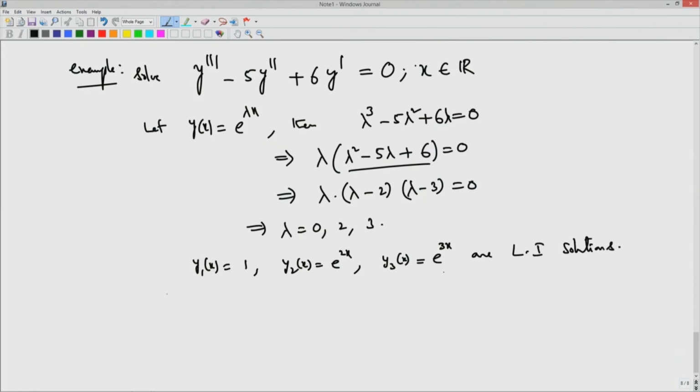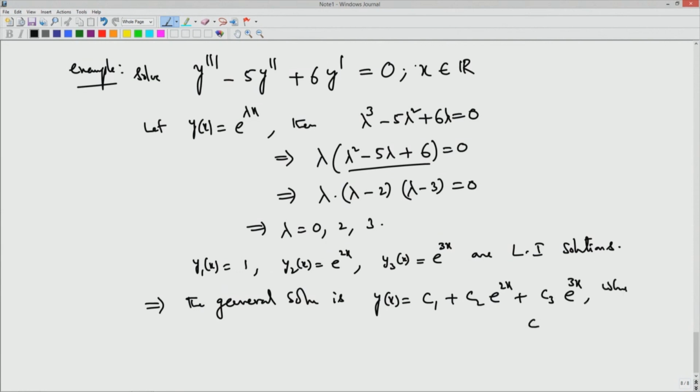So that implies the general solution is y of x, you can write as a linear combination: C1 times y1 plus C2 times e power 2x plus C3 times e power 3x, where C1, C2, C3 are arbitrary constants.